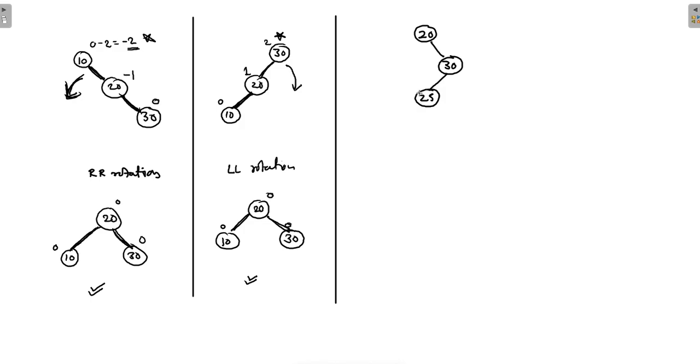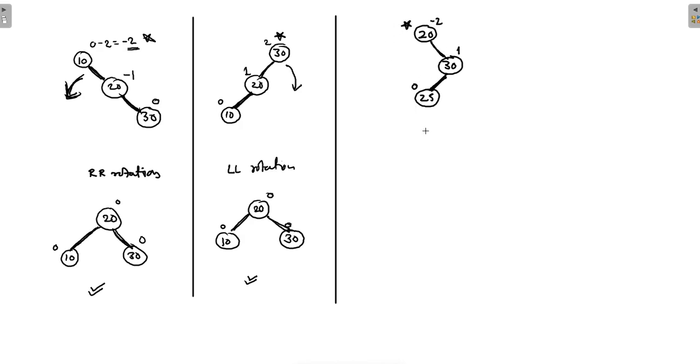So this is your binary search tree. Now if you calculate the balance factor, for 25 it is 0, for 30 it is 1 minus 0, so the balance factor is 1, and for 20 the left side is 0 but the right side has the maximum height 2. So the balance factor is minus 2, because 0 minus 2 is minus 2. So this is an unbalanced node.